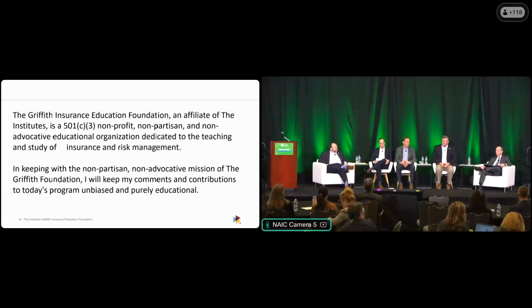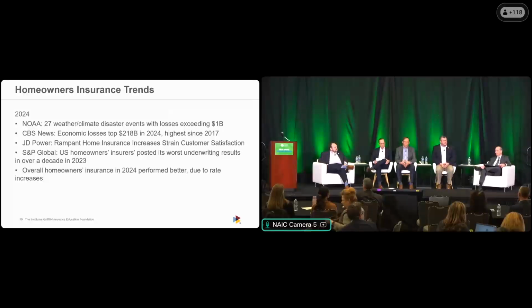in the panel. So one of the things I think it's important for people to understand is why we care about how important residual markets are becoming, especially in property. And just a few trends that we see, and this has been going on for a long time, but just from 2024, the year that just finished, there were 27 different events in the United States that caused losses of more than $1 billion.